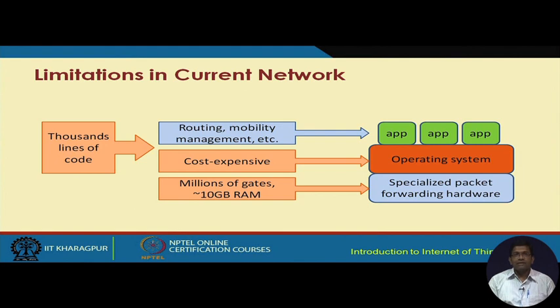Each switch is expensive, and they run different applications, for example, routing, mobility management, etc. When we mention applications here, we are talking about different application functionalities and not simply the applications that we used to refer to in the OSI model. So, here we are talking about applications in general, like general network applications such as routing, mobility management, etc.